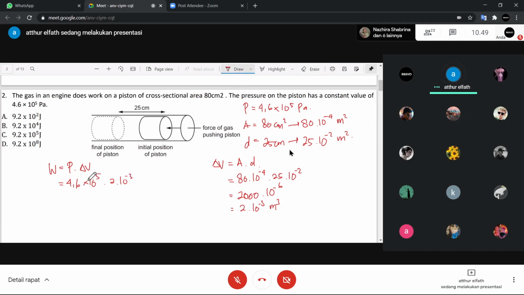Then multiply the numbers 4.6 times 2, and you will obtain 9.2 times 10 positive 2 joule. This is so obvious. The choice is A.